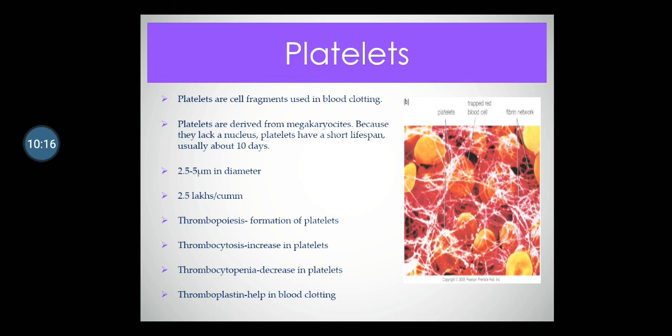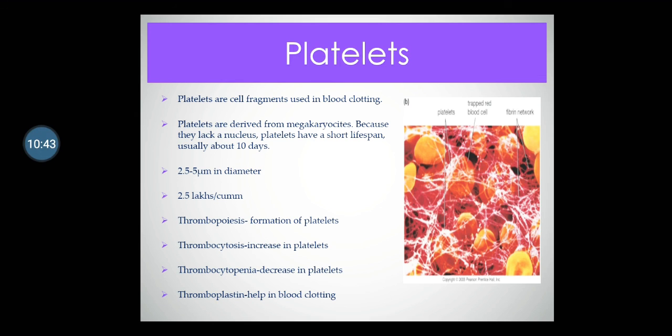Platelets have a short lifespan, usually about 10 days. They have a diameter of 2.5 to 5 micron. They are present near about 2.5 lakhs per cubic mm of blood. The process of formation of platelets is called thrombopoiesis.